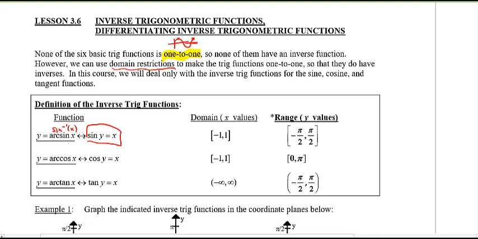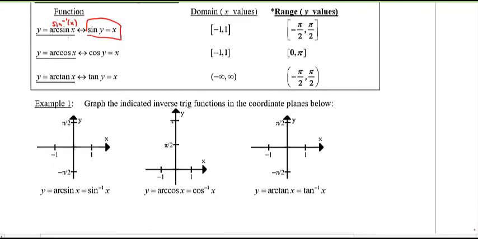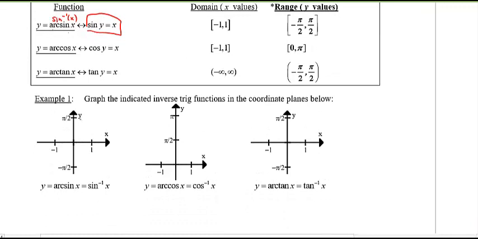Okay? Now, I drew the sine graph up top here. I think if I were to ask you to actually graph out arcsine, would you be able to do that? Well, remember, I'm going to use example number 1 here. If I were to do the sine graph, 0, and then like this, right?